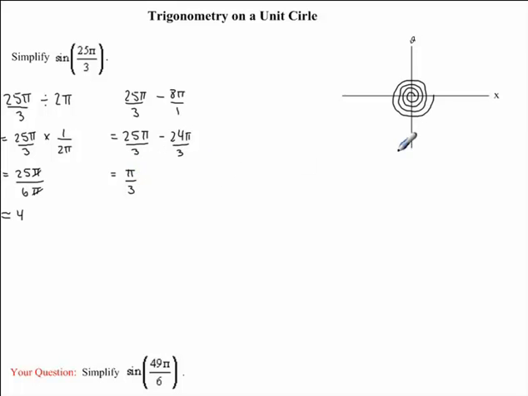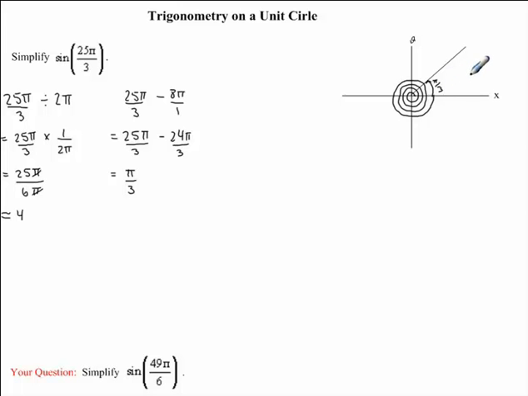So the remaining angle will be pi by 3. And then we're going to draw our terminal arm here. Here's our terminal arm, and we know the angle from here to here is going to be pi over 3.